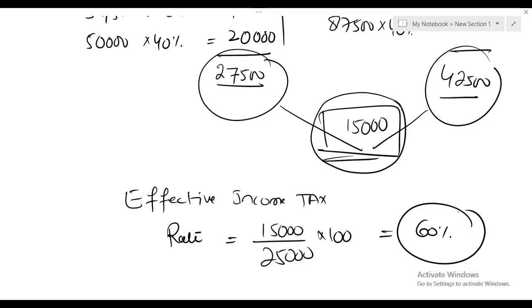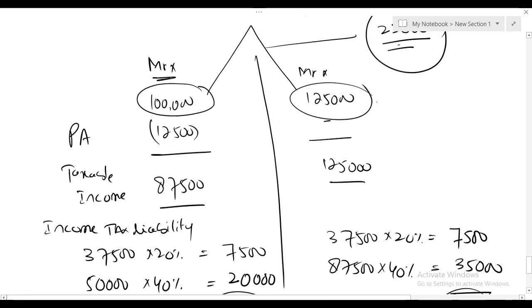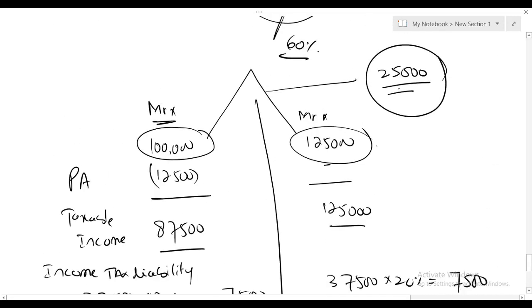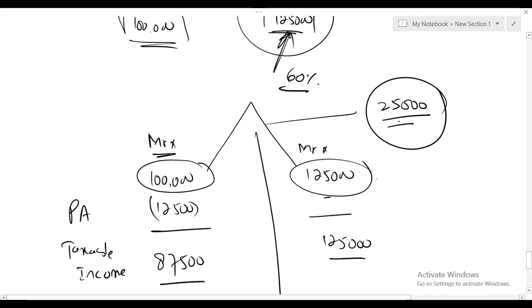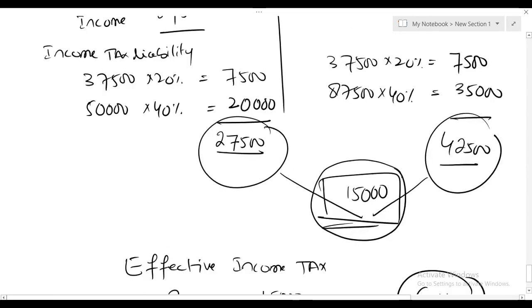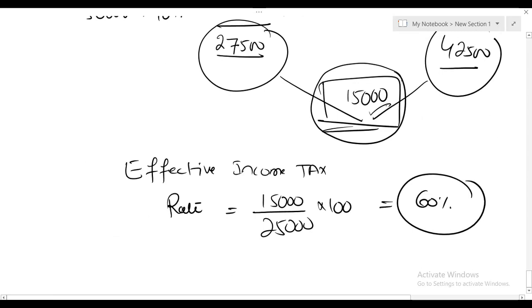The benefit would be, they will be actually saving 60% tax, because it can be clearly seen over here, just on this additional 25,000 income, Mr. X is going to pay actually additional 15,000 tax. So effective tax rate between 1 lakh to 125,000 income is 60%.